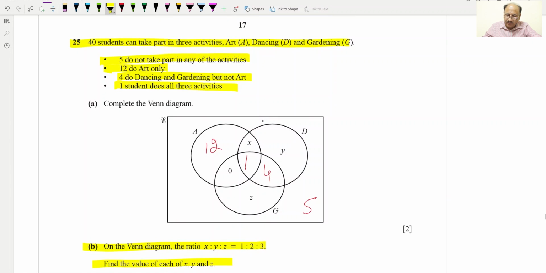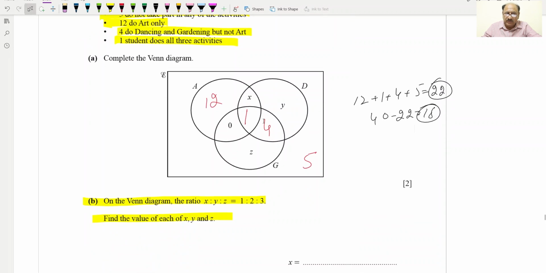If we check the remaining numbers, this is 12 plus 1 plus 4 plus 5, and this adds up to 10, and 10 and 12 will be 22. So 40 is the total. 40 minus 22 will be equal to 18.